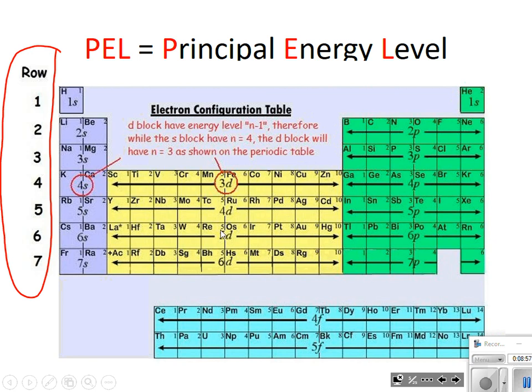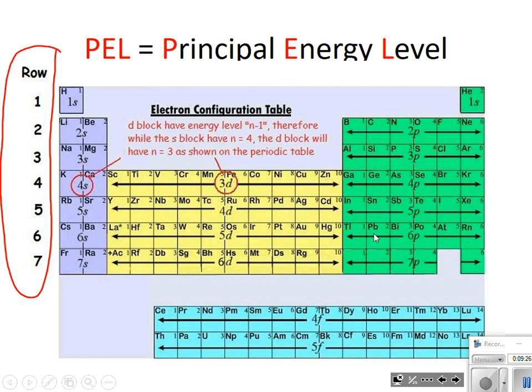If I would say something like lead, right here, what energy level is lead on? 6. Okay. So we can look at the energy levels and know where they're at based on the numbers to the left of your periodic table. Yes, sir. Yes. Yeah, the ones at the bottom, just fit them in where they go on the table.